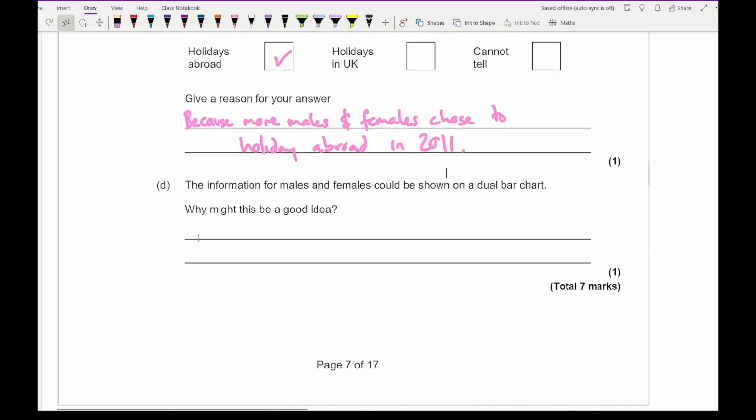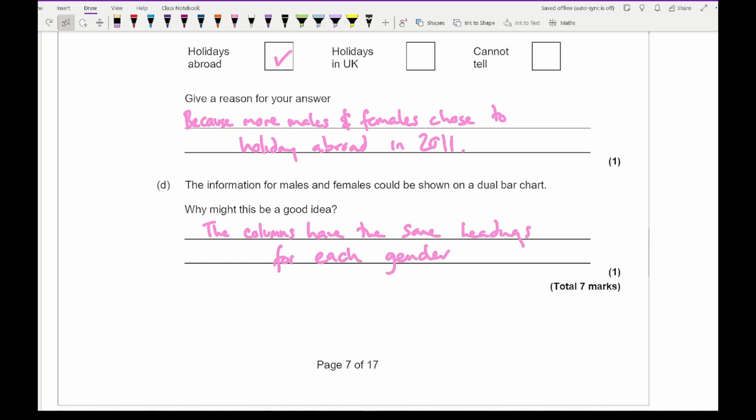Moving on to part D, it says the information about males and females could also be drawn on a dual bar chart. Why might this be a good idea? Well, basically the reason is because you are using the same type of data. So the columns have the same headings for each gender.